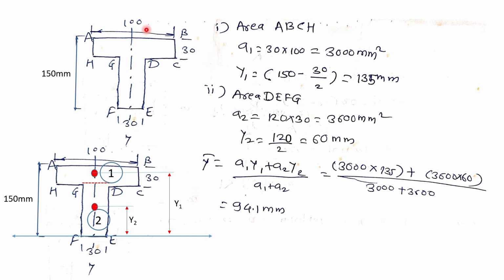So here, first of all, considering the area ABCH as area 1, that is section 1, we locate its CG physically as the point highlighted with red.